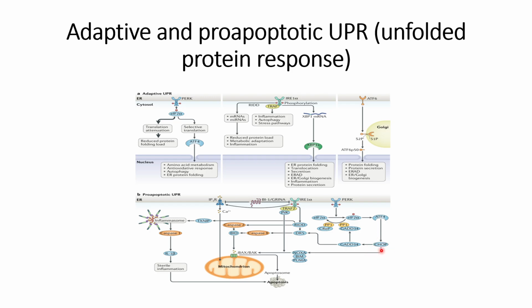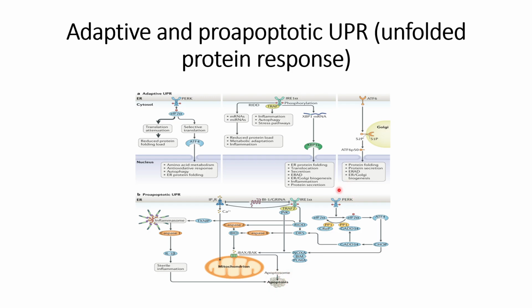After this CHOP is produced, it will trigger GADD34. It is related to growth arrest and DNA damage, and that will trigger DR5, death receptor 5, and this death receptor 5 will finally, with the help of BID, create mitochondrial stress, and this mitochondrial stress will trigger apoptosis.